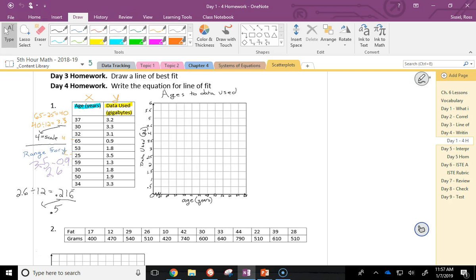On each one, you're going to come in here and say the correlation. You're going to look at your scatter plot and tell me what type of correlation it is: positive, negative, nonlinear, no correlation. You're then going to tell me, are there any gaps? Are there any clusters?